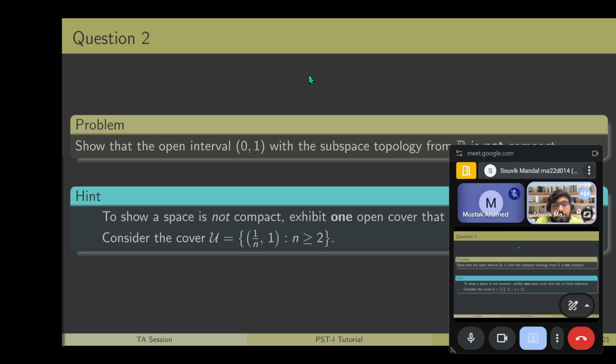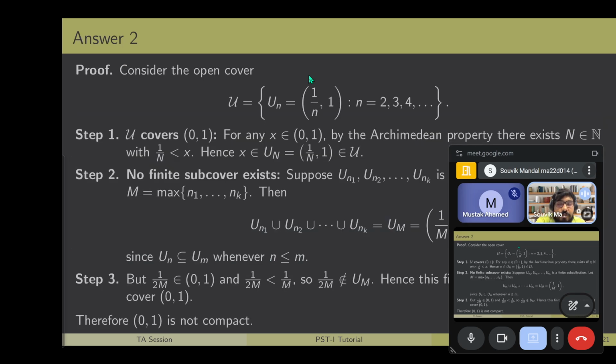So let me present the argument. The argument is as follows. We have the open cover, correct?